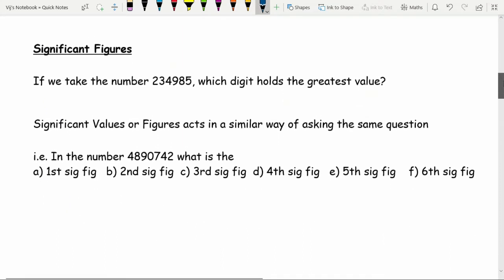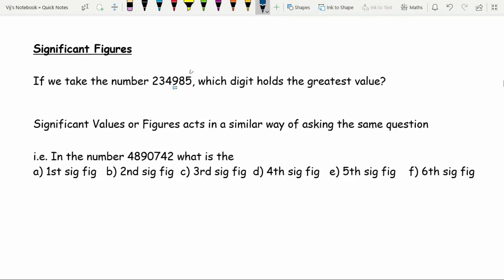So if we take the number 234,985, which digit holds the greatest value? Now, you might think to yourself, well, we're looking at digits, so the 9 is probably the biggest digit that we've got, when actually it isn't.